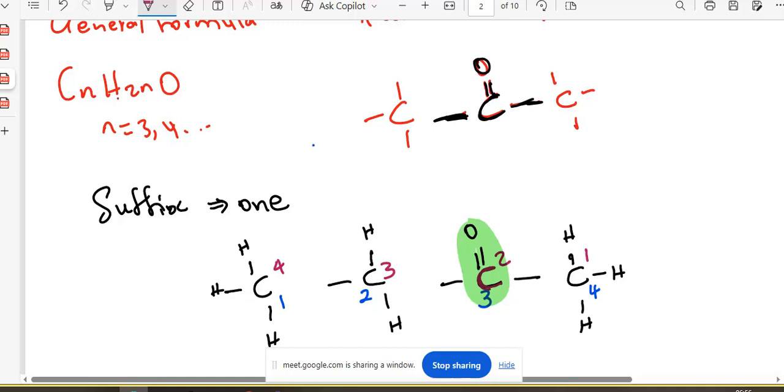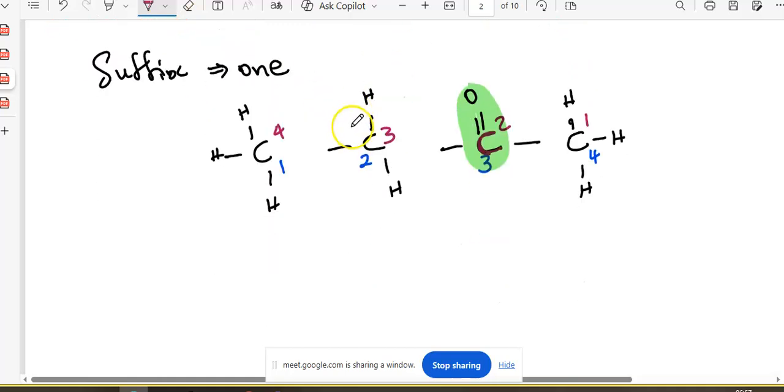Mungi, which one has the lowest number? The blue or the purple one? I can't hear you, Mungi. The purple one. Exactly. So since it's the purple one, our functional group is on carbon number 2.